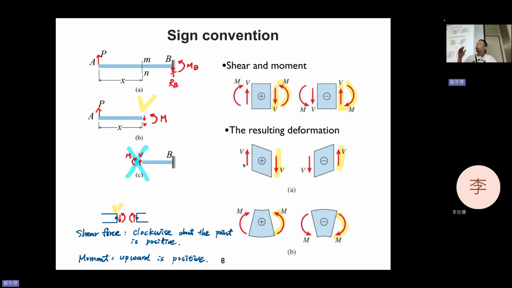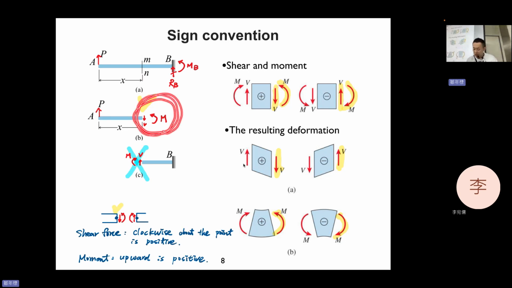Otherwise, you will have exactly the same value but opposite sign, because they cancel each other out. So if we draw the diagrams, we always pick the value here.